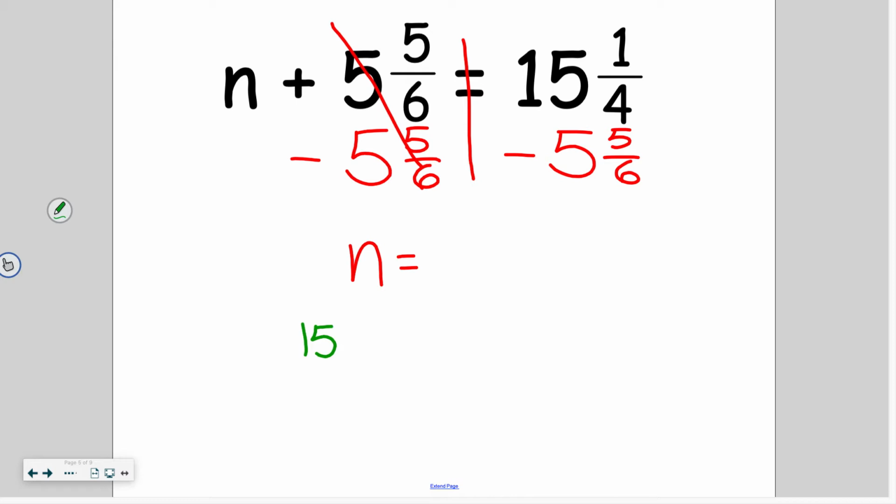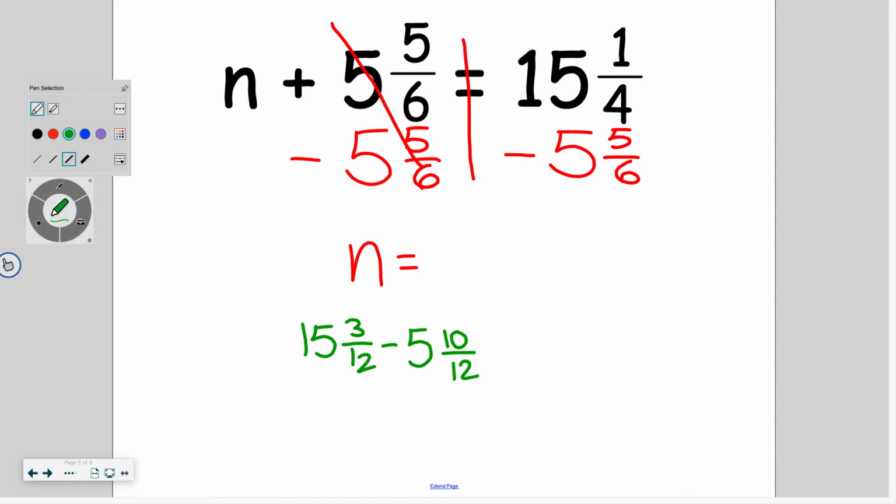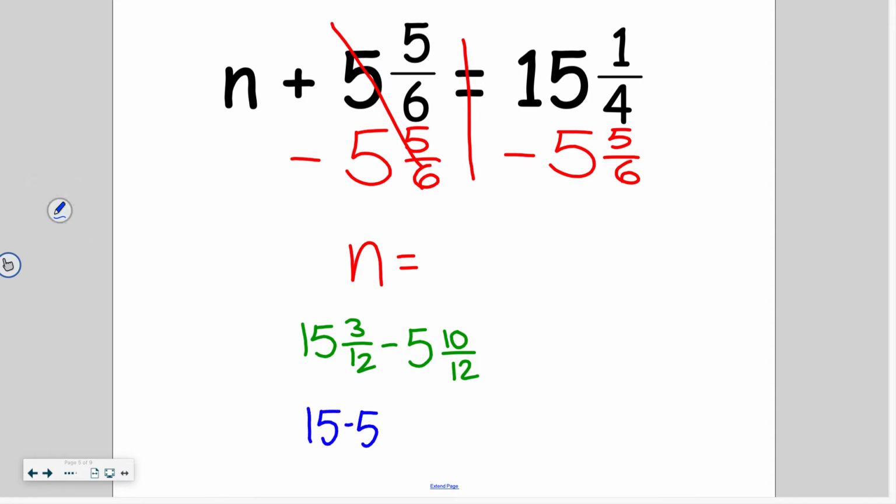So we've got 15 and 3/12, because we multiply both of these by 3, minus 5, and when I multiply those, we're going to multiply them by 2, so minus 5 and 10/12. Using what we learned in chapter 3, that gives me 15 minus 5, which is 10, and 3/12 minus 10/12, which is going to be negative 7/12.